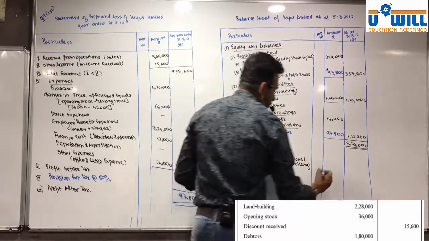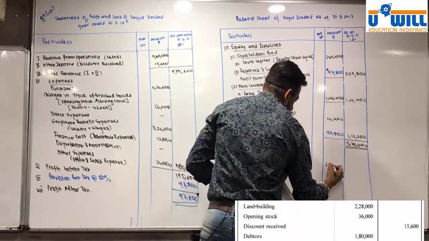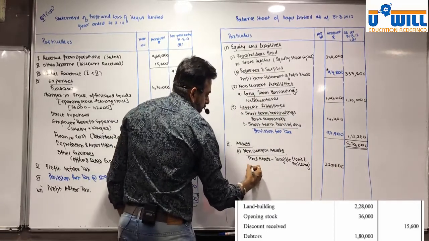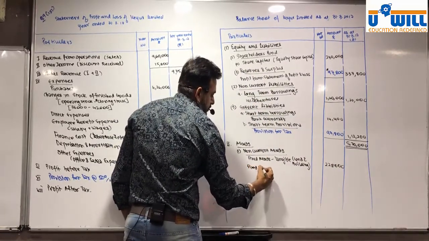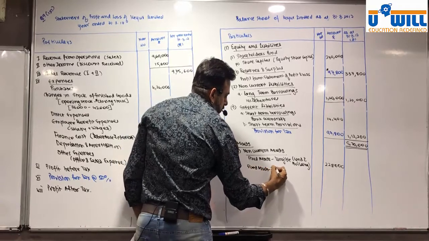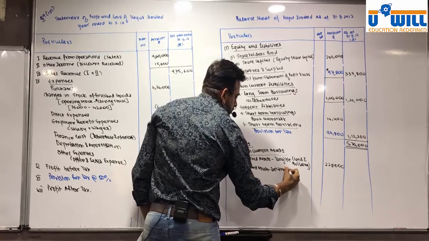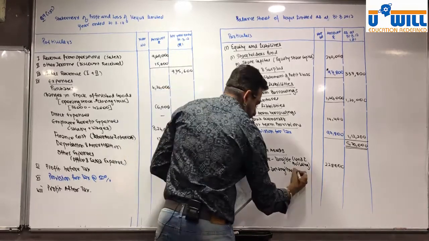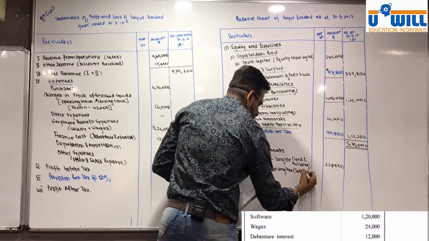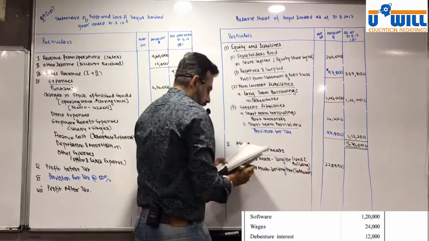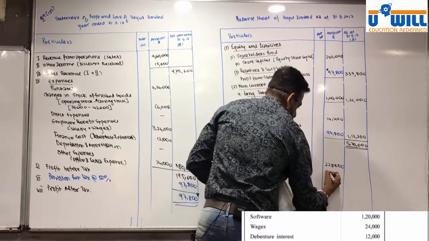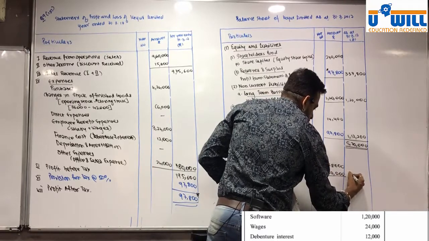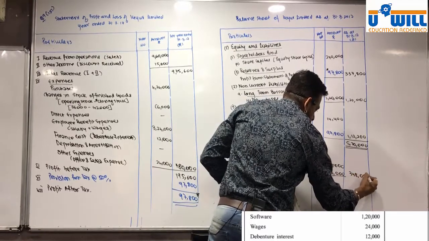Amount is 2,28,000. Then we have fixed assets, intangible, software, 1,20,000. 3,48,000.